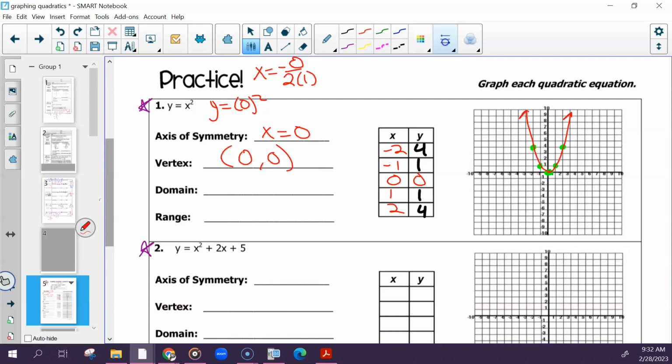These you don't have to draw in your axis of symmetry, but if you would like to still see that it's there, you could. Before we talk about domain and range, do we have any questions about that?